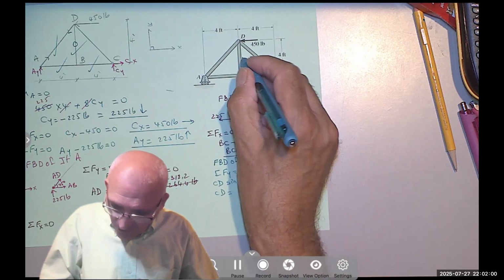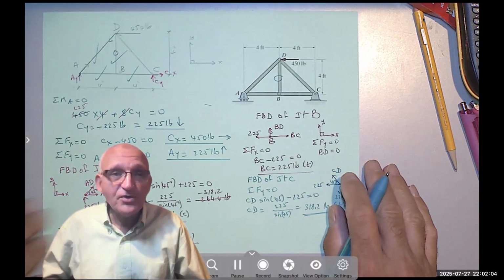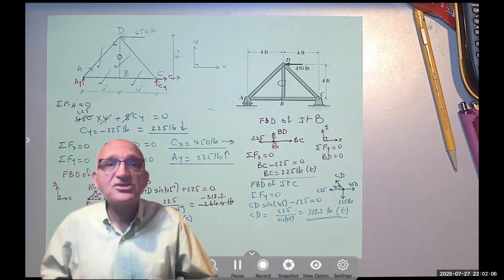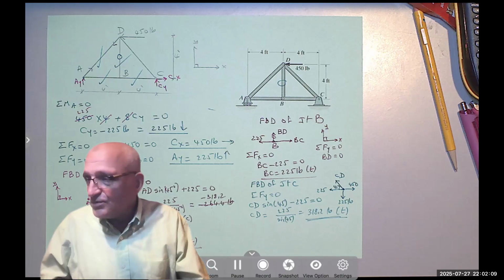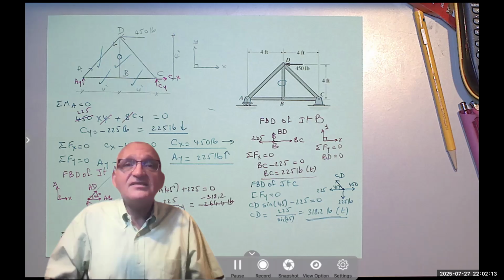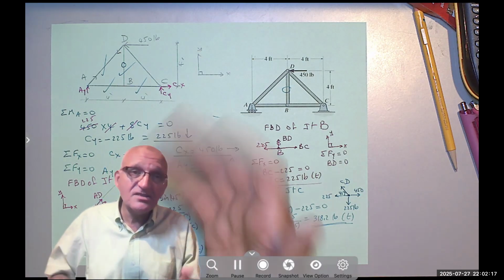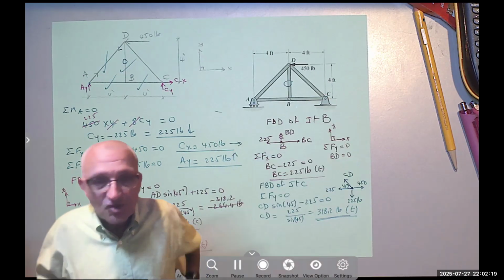This was a zero force member. We found these 4 along with the 3 components of the reaction. I was intending to do a second problem, but I see that this session was long because we talked about the trusses, what they are made of, and so on and so forth.